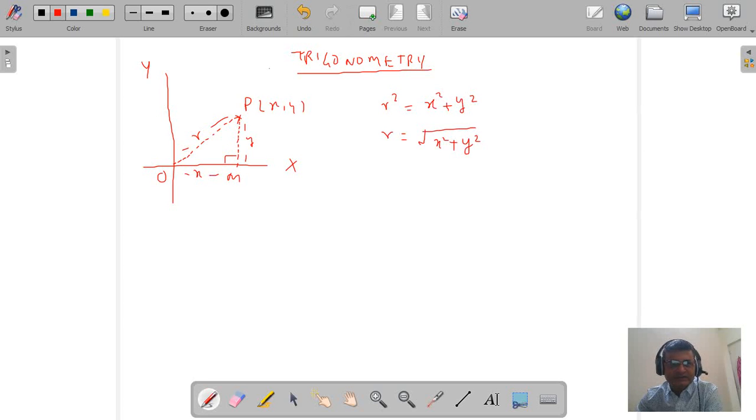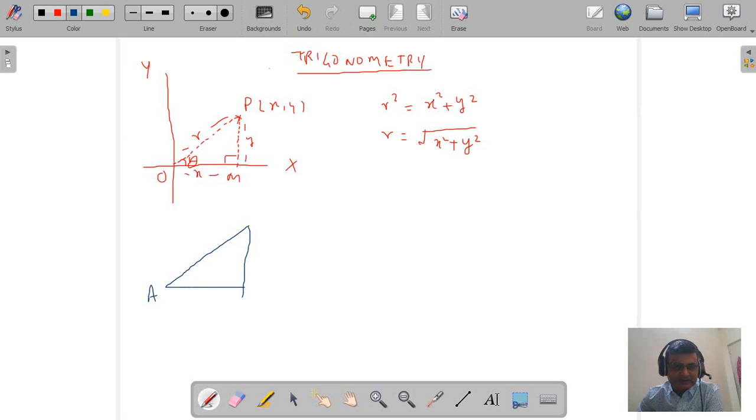Now we will project this triangle, and we are taking this triangle's angle as theta. So we are making another triangle just to understand properly. Here it is a right angle triangle.